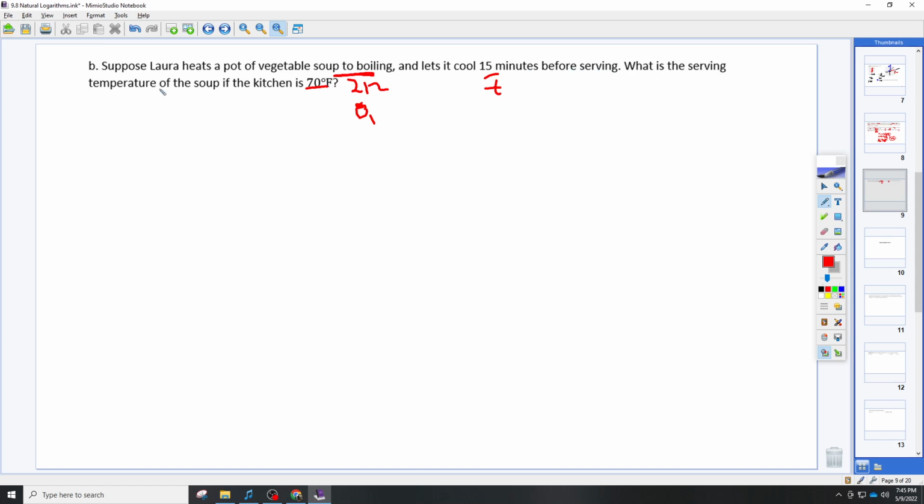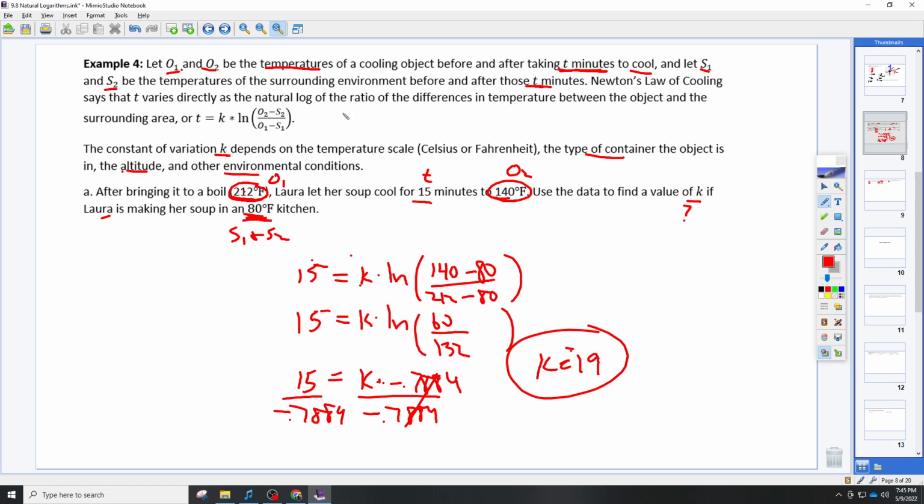What is the serving temperature of the soup? Kitchen degree is the surrounding one. That's your S1 and S2. We don't know the temperature it's going to be afterwards, so we don't know O2. That's what we don't know. Everything else we do know. We also know our K value because that's from before. We're assuming we're in the same environment, the same area.